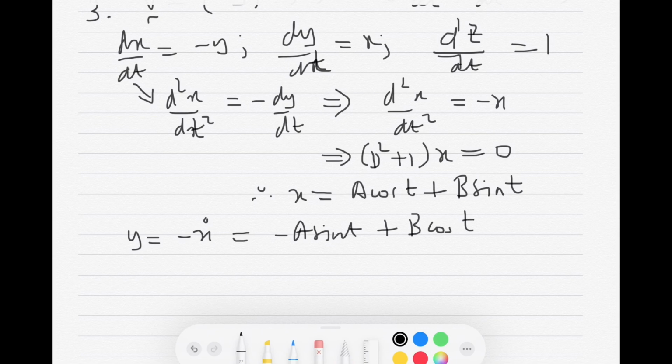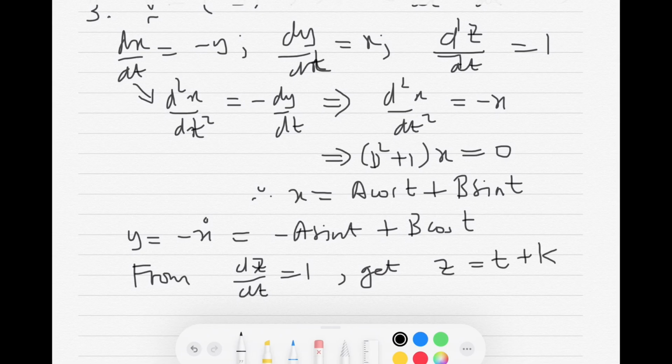And what's the z coordinate? The third equation is rather straightforward. From dz/dt equal to 1, cross multiply, you get dz equals dt. We get that z is equal to t plus some constant k.